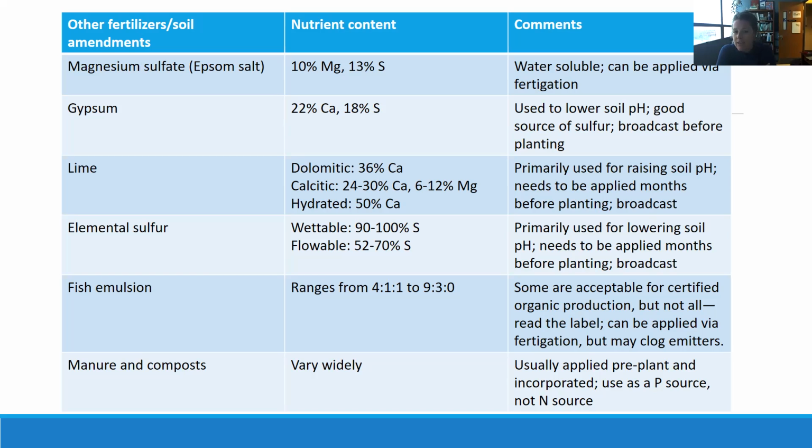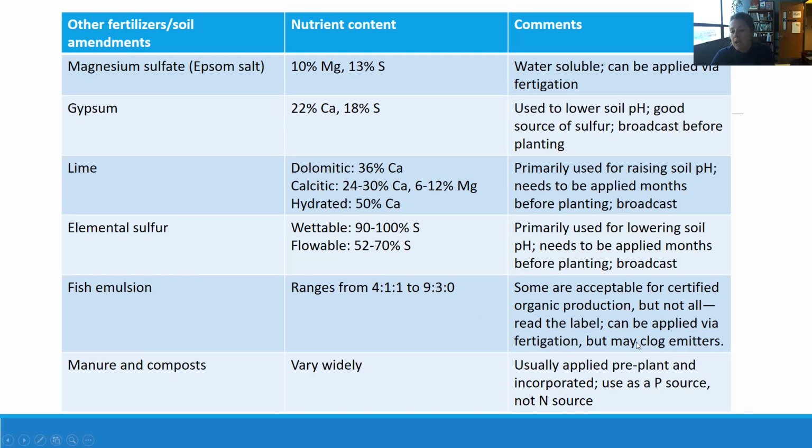Elemental sulfur, again there's a few different types here, is used for lowering the soil pH, and it needs to be applied months before planting. Fish emulsion, not all fish emulsion is organic approved, OMRI approved, so just be aware of that. The range really depends on the product, right? So NPK could be anywhere between 4-1-1 and 9-3-0.